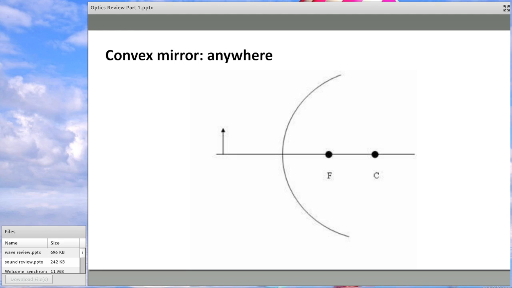So sorry. We're still going to start with our parallel ray, and then we're going to go through. Okay, that didn't work. Maybe I'll start on this side.